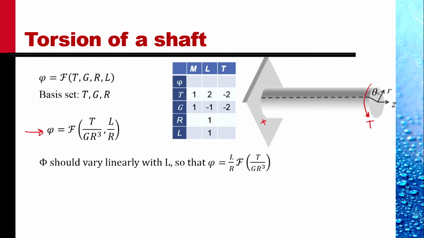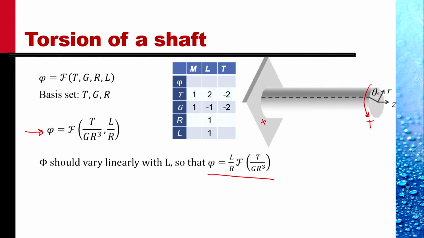More the length, more would be the twist, linearly proportional. So, the relationship between phi and L should be linear, and that's why the relationship should be phi equals L by R into a function of T divided by G R cubed.